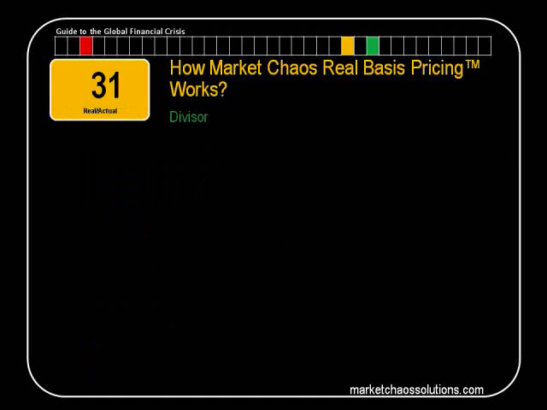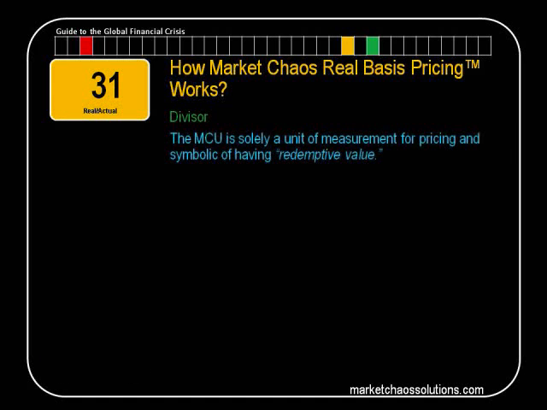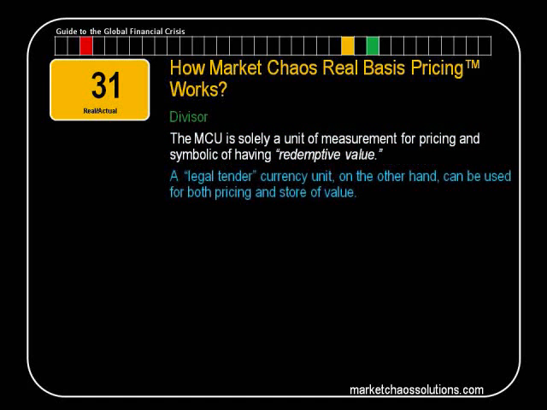Divisor. The MCU is solely a unit of measurement for pricing and symbolic of having redemptive value. A legal tender currency unit, on the other hand, can be used for both pricing and store of value.